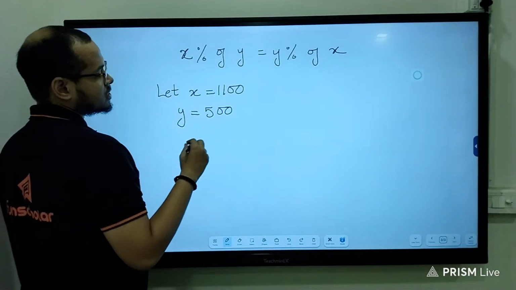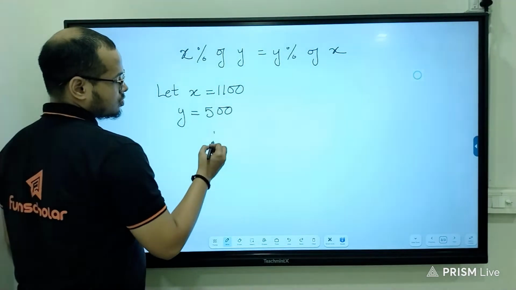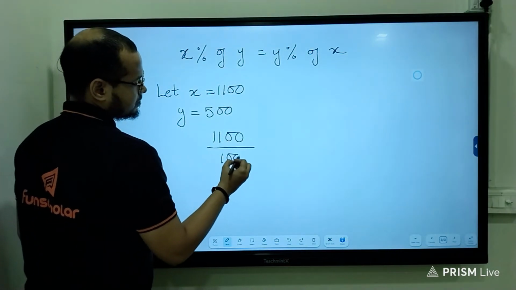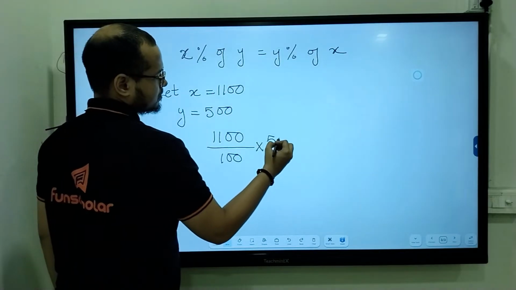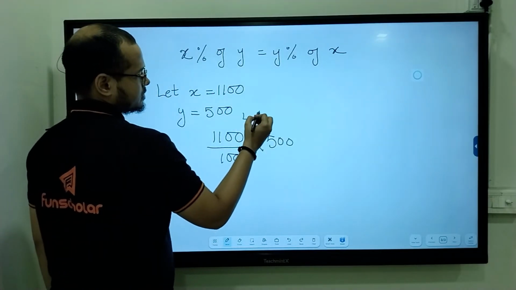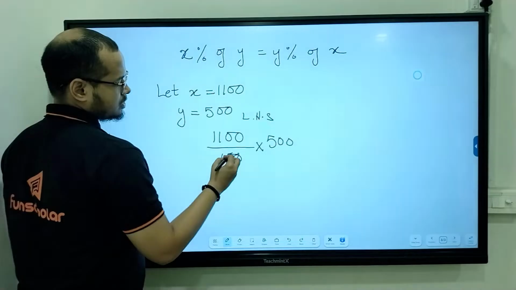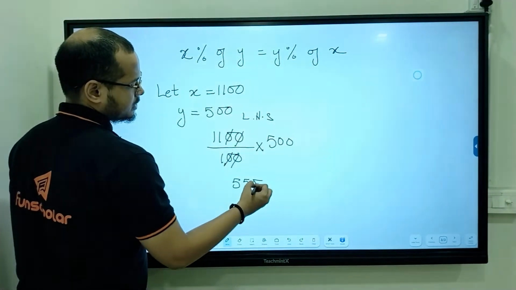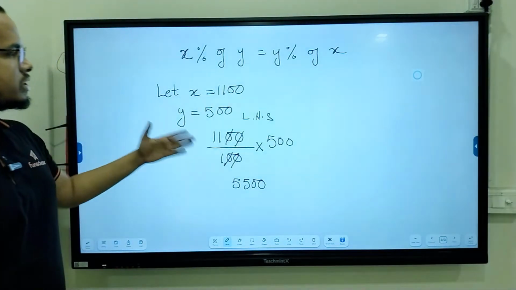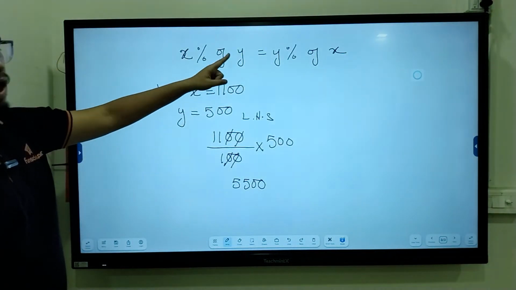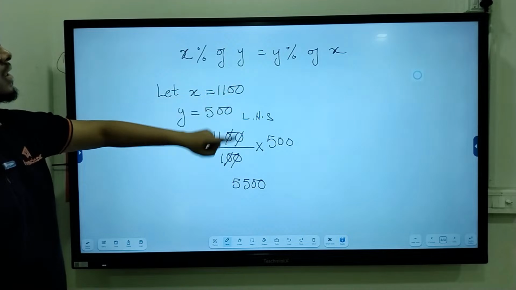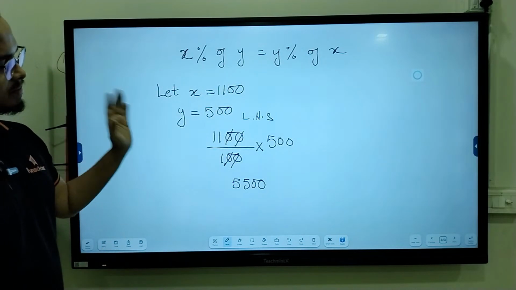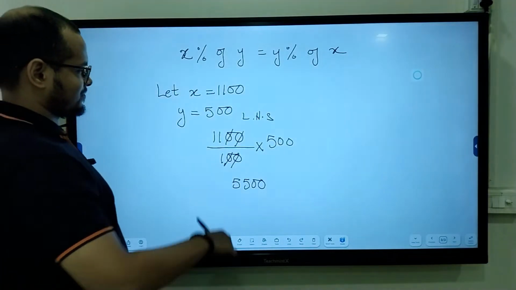So X percentage of Y, 1100 percentage of Y. I'm doing the left hand side first. Zeros cancel, what we are getting? 5500. So if we are increasing the percent 1100 times, it will become 5500.